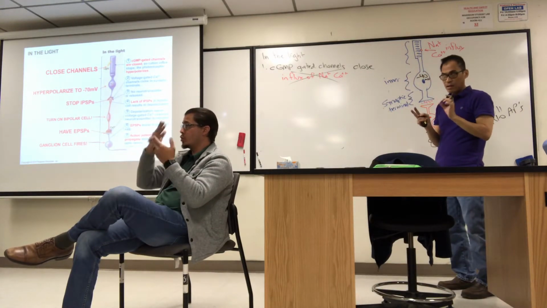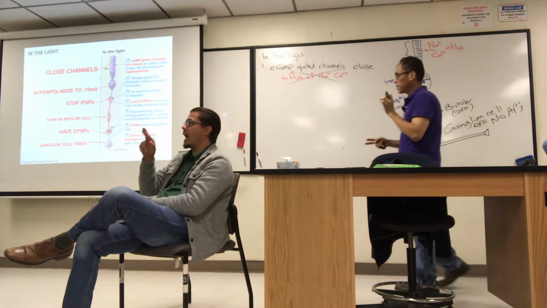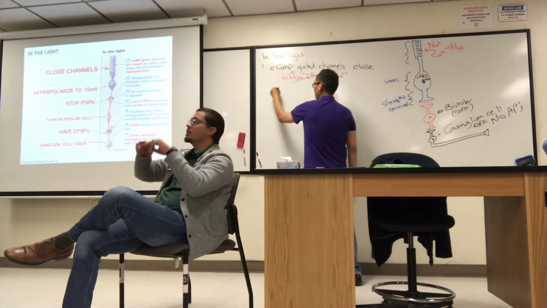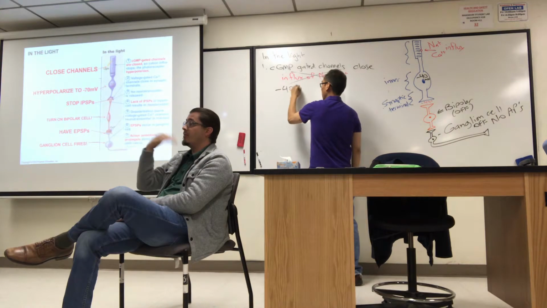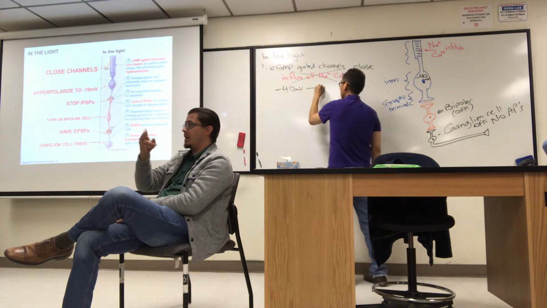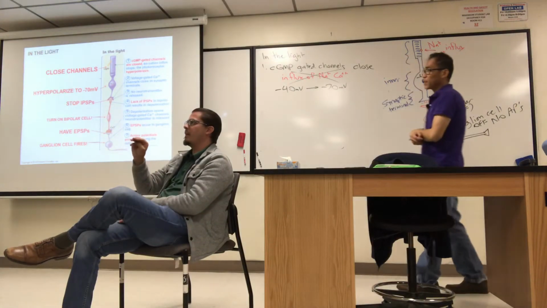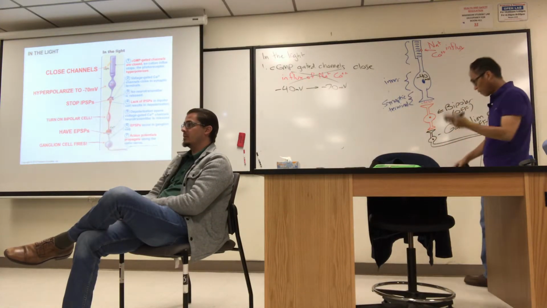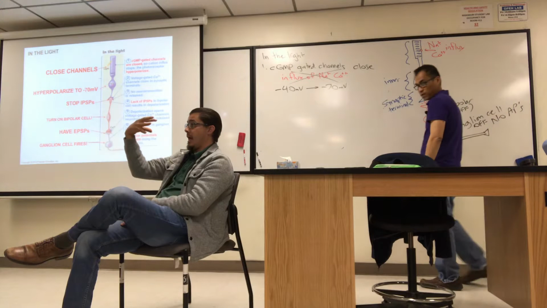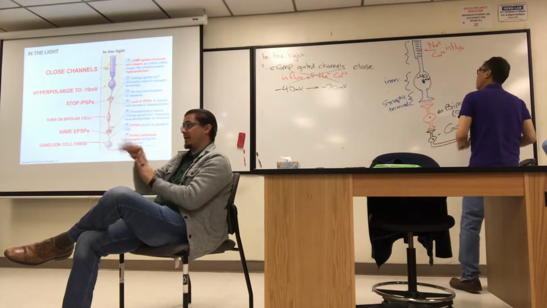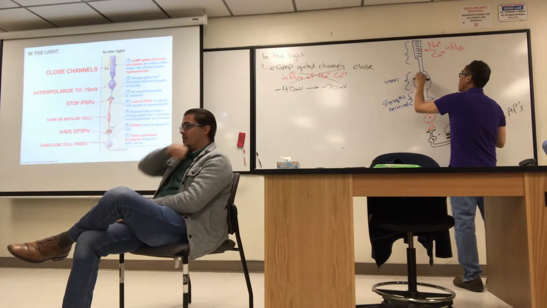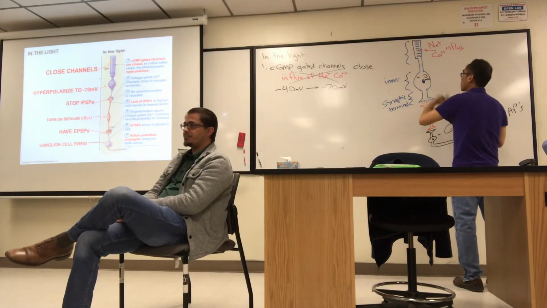Without it, the cell hyperpolarizes to -70. It was -40 in the dark current. But as it hyperpolarizes to -70 millivolts, that's basically what it's saying there. So now the cell, in the light, I'll change the 40 to a 70 in my picture.